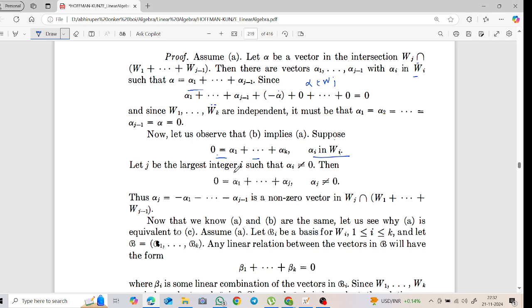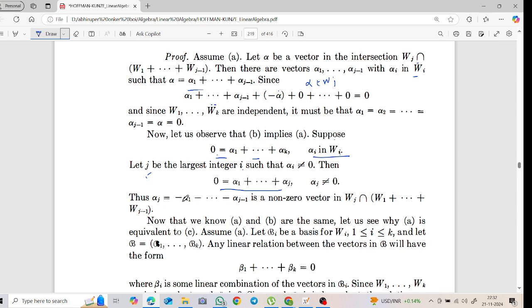And let j be the largest integer I such that alpha I is not equal to 0. See, it doesn't have to be the case that each alpha is non-zero. Right? For some I, alpha I might be 0. They are taking the largest I. Call it j. So this is what they get. Then alpha j is minus this.